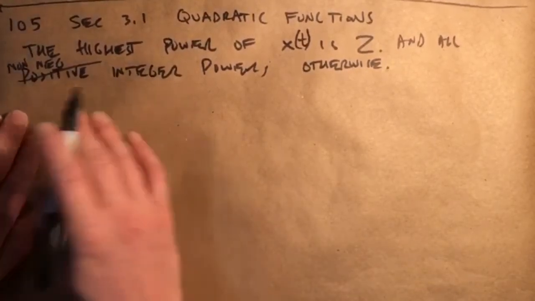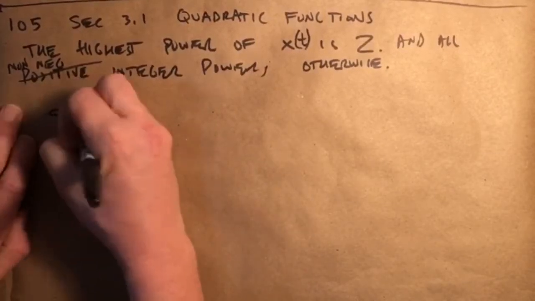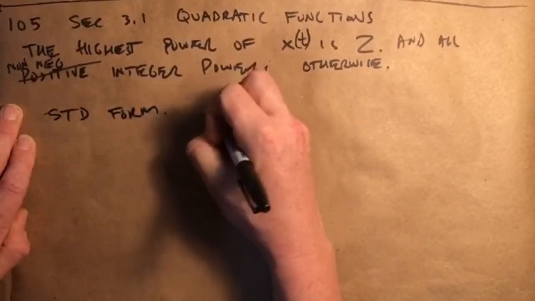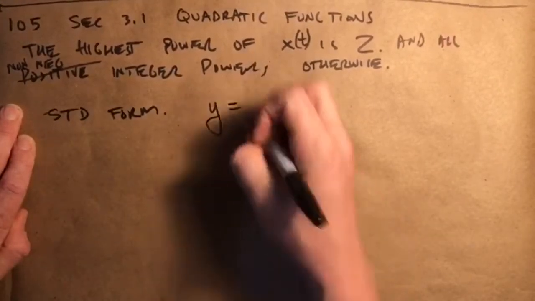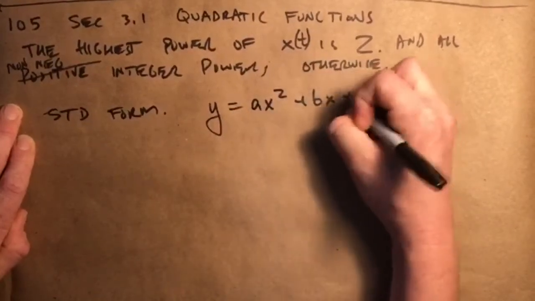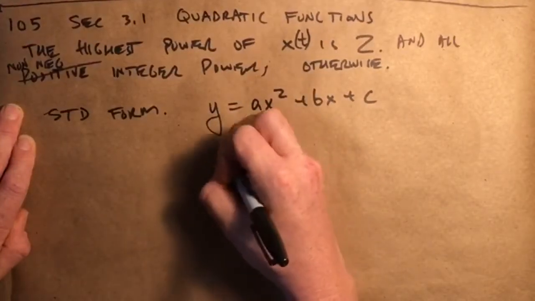So when we talk about a quadratic, we're usually looking at something in standard form, and we'll say, just to use variables we're comfortable with, ax squared plus bx plus c. We refer to a as our leading coefficient.